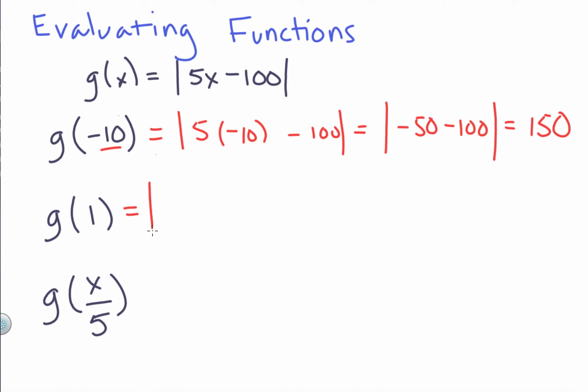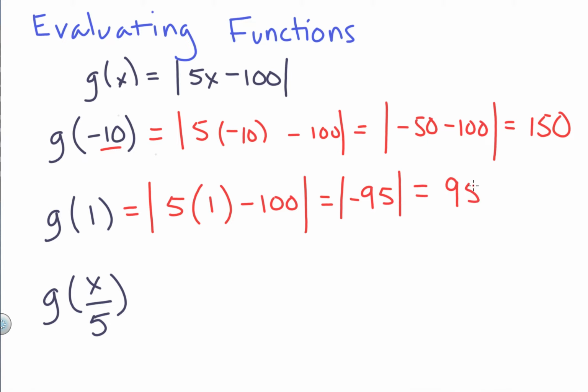Same thing here, absolute value 5, plugging in the 1, minus 100. So we get 5 minus 100, or -95, inside that parenthesis, inside the absolute value. And the absolute value of -95 would be +95.